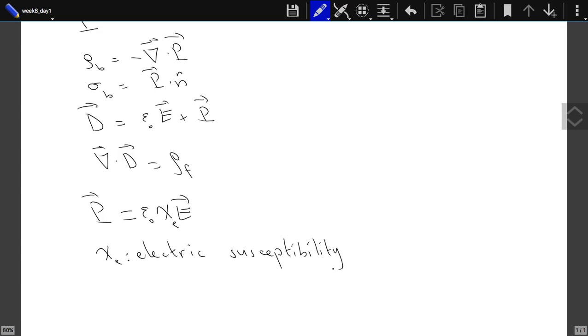Well, this doesn't always work, but for quite a number of materials, it does work. And if for a material this expression is valid, then we call such a system a linear dielectric.